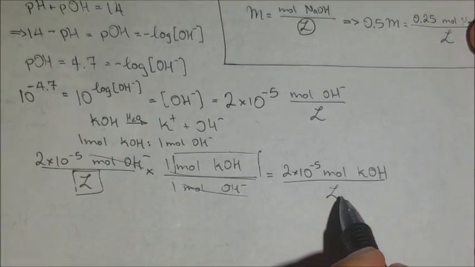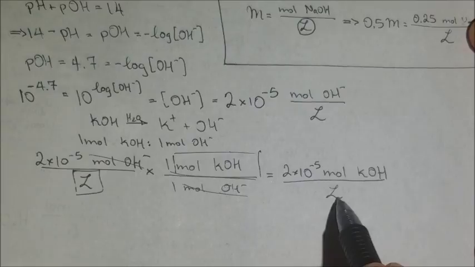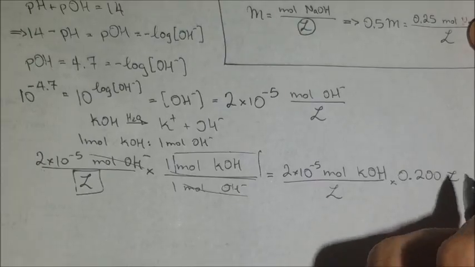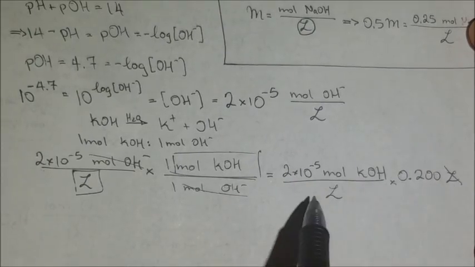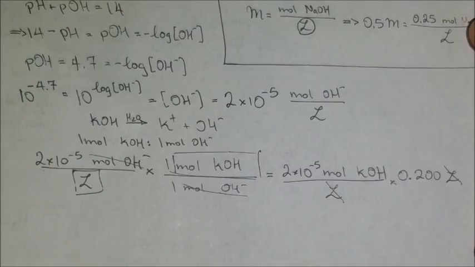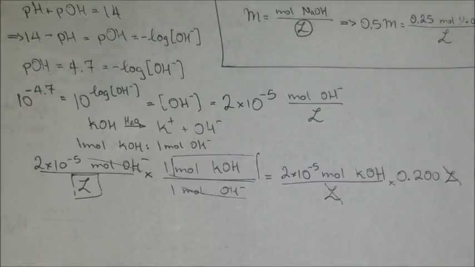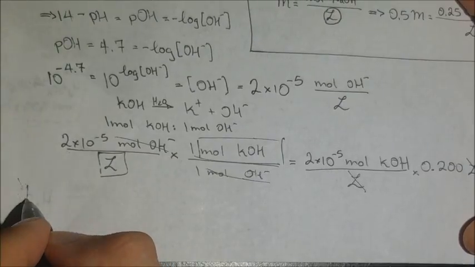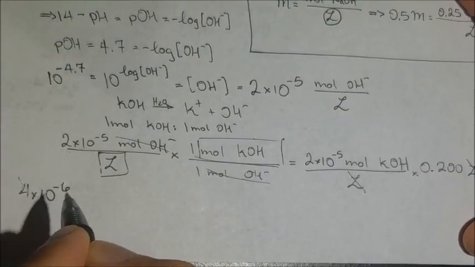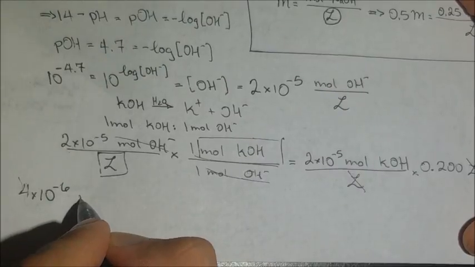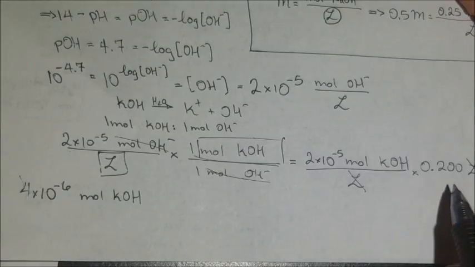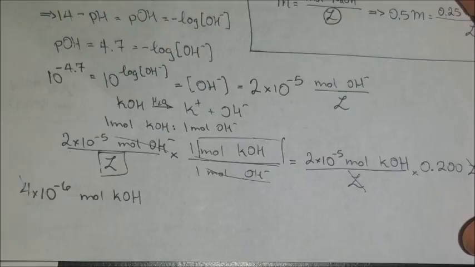We have to take this and say, this is how many moles I have if I have a liter, but if I only have 200 milliliters, or 0.2 liters, then I just multiply it like this. My liters cancel, and now I get moles of KOH that I need for 200 milliliters. So I'm going to multiply it by 0.2. And so down here I now have 4 times 10 to the negative sixth, a really small number, moles of KOH. That's how many moles of KOH I need in order to make 200 milliliters of this solution.